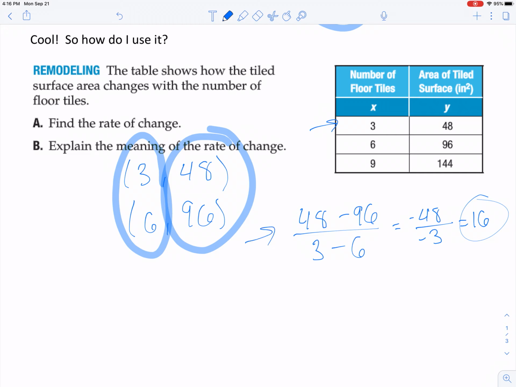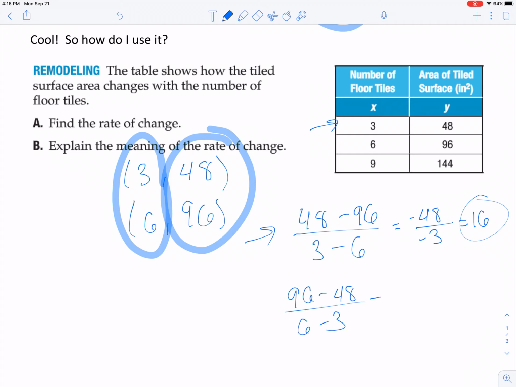Again, I pointed out that I put the top number first in both instances. If you do the bottom number, whatever it is you do, you have to put the same number first each time. So like, for example, I did the top number first each time, great. If I want to do the bottom number first, that's fine, as long as you do it the same both times.